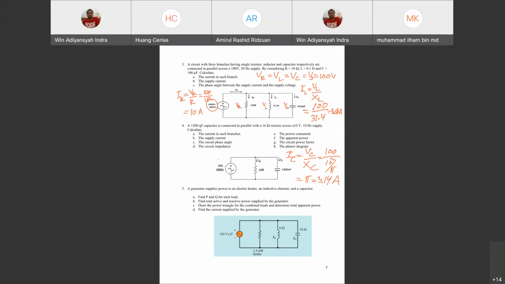So if you want to find IT, total equals IR plus IL minus IC. You can check the slide in the textbook again.